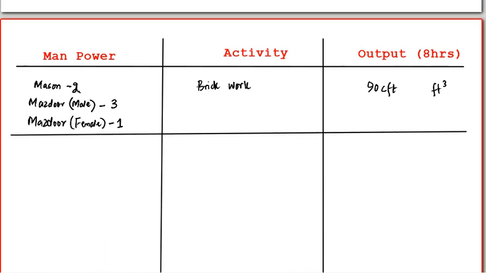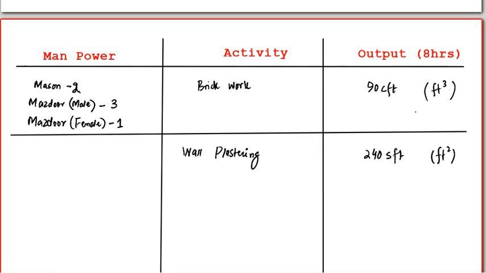Let's move on to the second one. The second activity is wall plastering, and let's say the quantity of wall plastering is 240, and the unit for plaster is SFT, square feet, right?